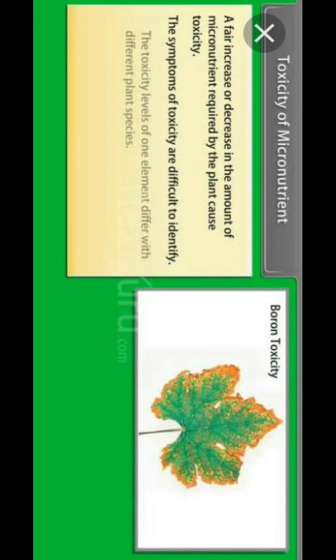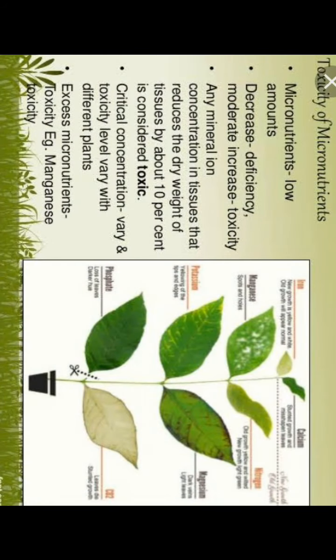Thus, what appears as symptoms of manganese toxicity may actually be deficiency symptoms of iron, magnesium and calcium. So, students, here there is an important point. Toxicity can actually be deficiency symptoms of iron, magnesium and calcium.